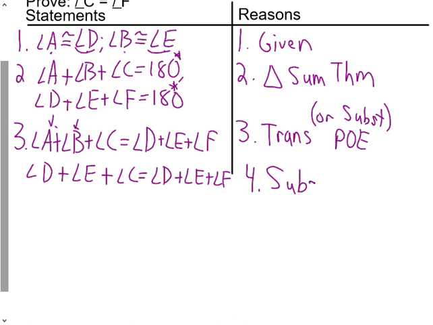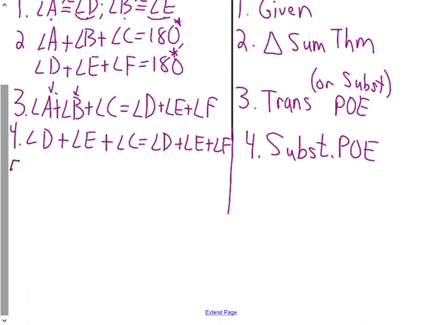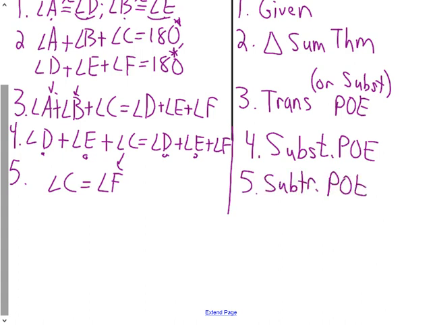It cannot be transitive because we substituted into the middle of an equation. So that one is not optional. And then because we both have D and E, you subtract those two pieces, and what's left? Angle C equals angle F. And we subtracted D and E from both sides. So subtraction property of equality. And so that's how that proof looks.